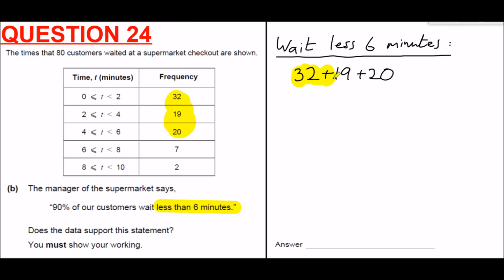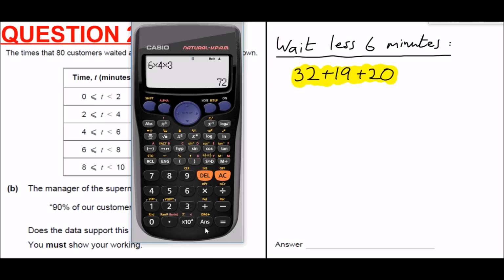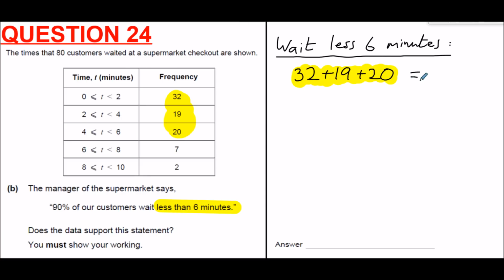If we add all these numbers together, 32 plus 19 plus 20, it comes to 71. So 71 people wait less than 6 minutes.